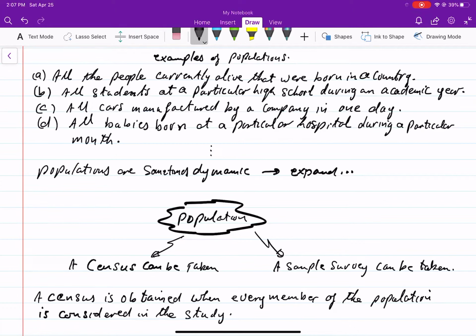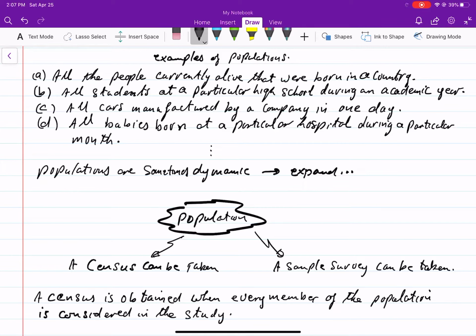Currently alive. Okay. Well, that's clearly very dynamic because babies are born every day, so in that particular country they will be added to the population. People die every day, so people will be removed from the population. So that's clearly a case in which the population is dynamic.